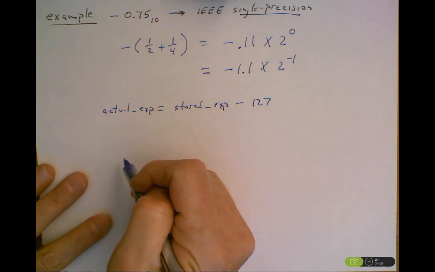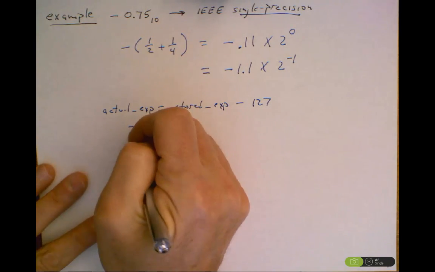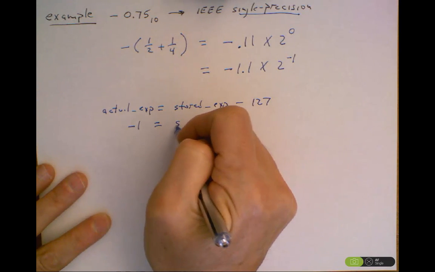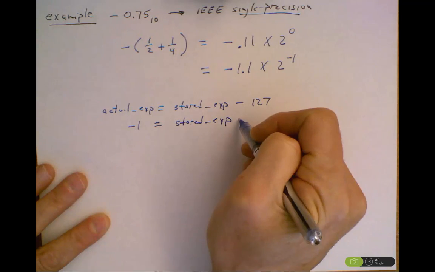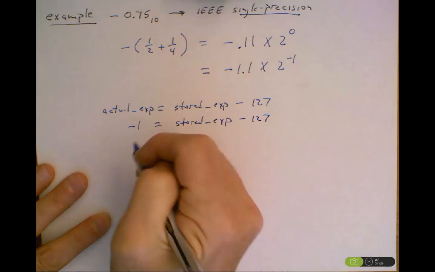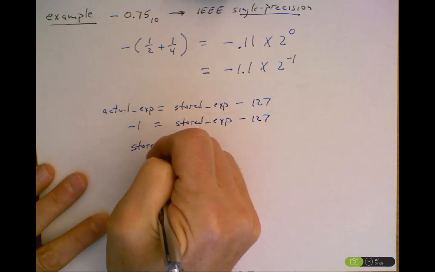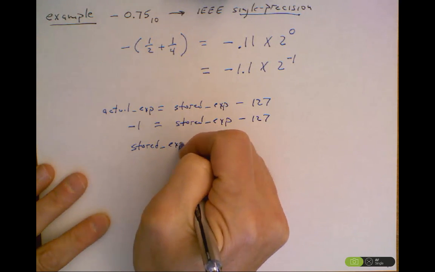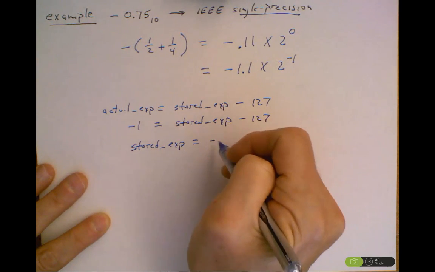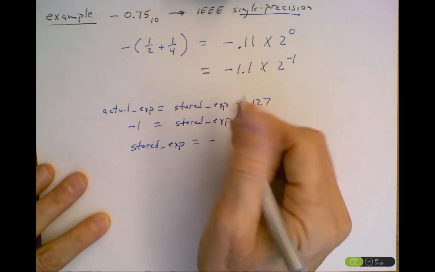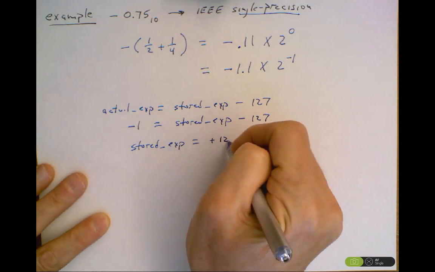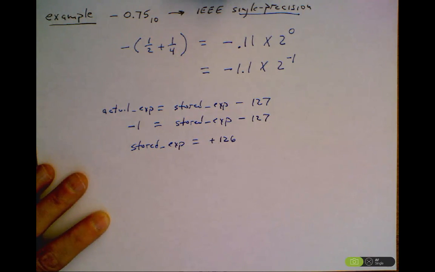So the actual exponent now I know is minus 1. So minus 1 is the stored exponent minus 127. So that means the stored exponent is minus, is it minus? Let's see, I'm going to have to add 127 to both sides, so in fact it's positive 126. Okay.